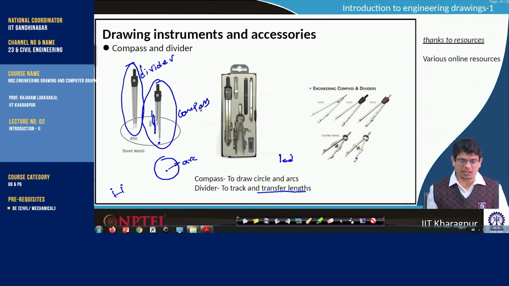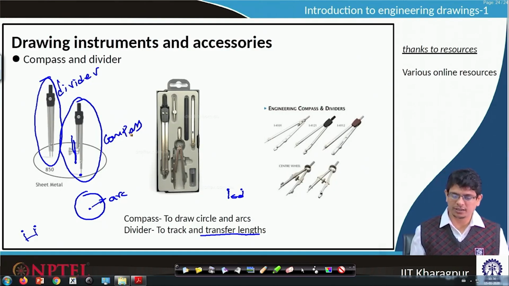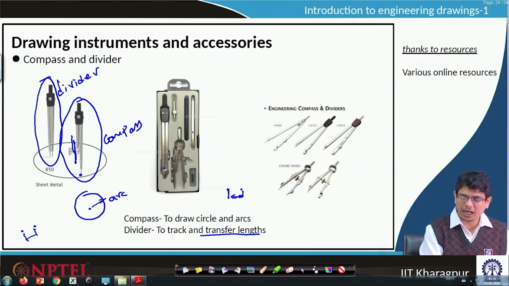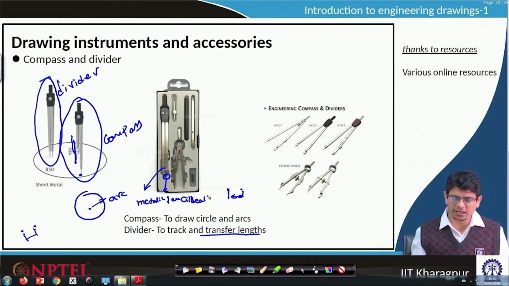These compasses are of different quality and also strength. The sophisticated ones have nice metallic frames, so that the grip will always be good, and this is the part where the pencil lead can be inserted.